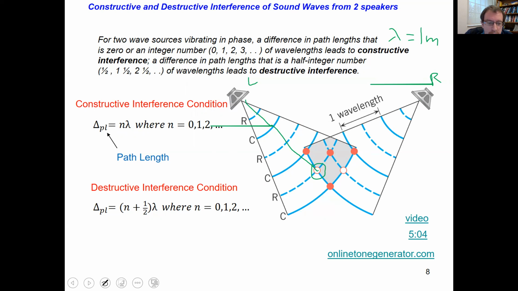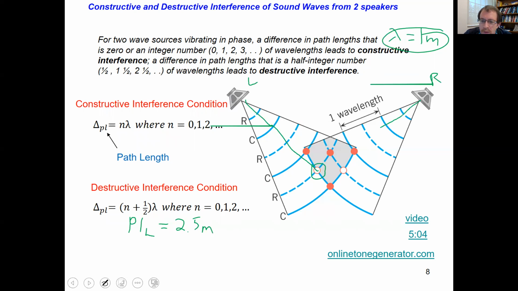So my path length from my left-hand speaker is equal to 2.5 meters, again using just this mocked up value of lambda equal to 1 meter. Now let's look at my path length from my right-hand speaker.